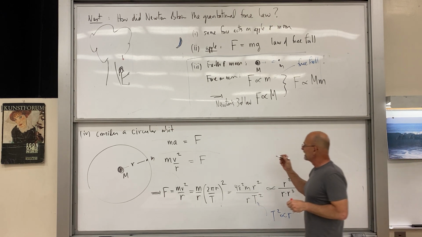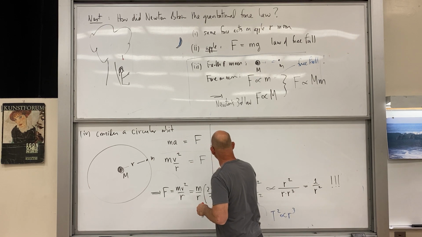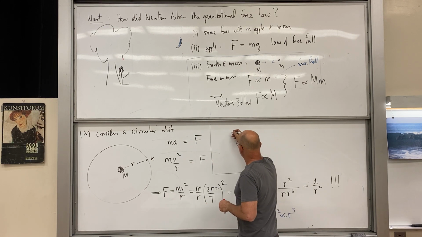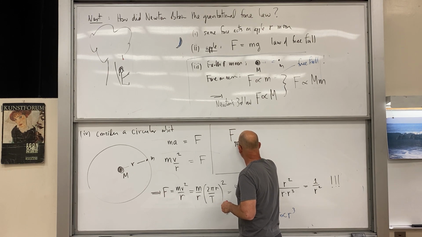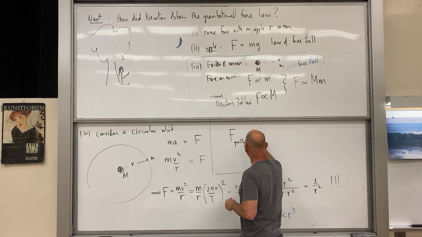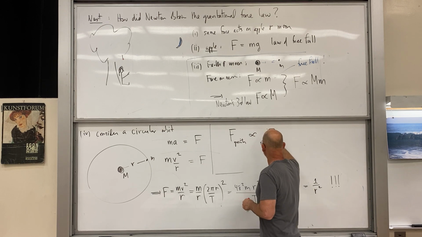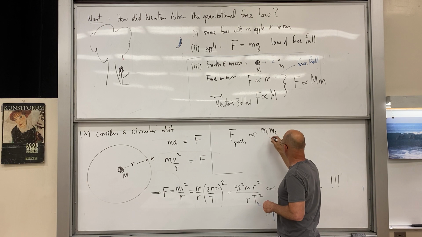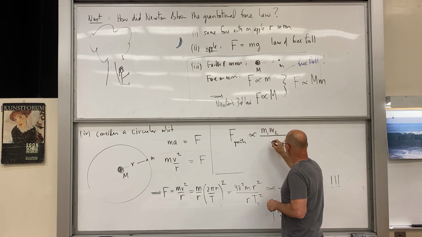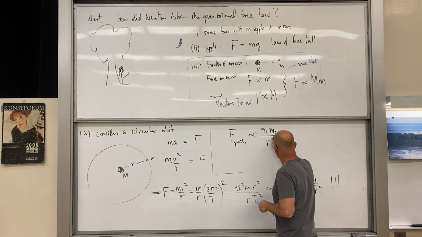So yeah, we can complete this with saying the following. So F gravity is postulated to be proportional to the product of 2 masses. I'm going to go back to m1, m2 over r squared.